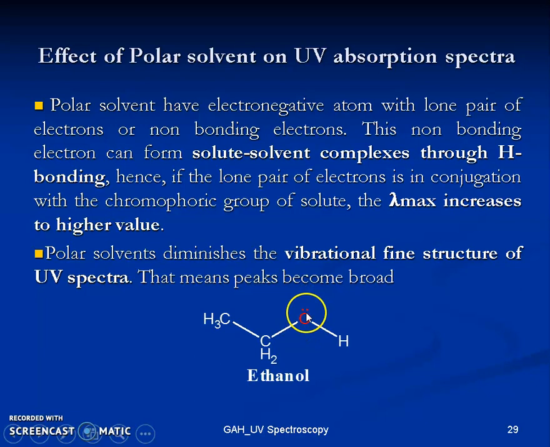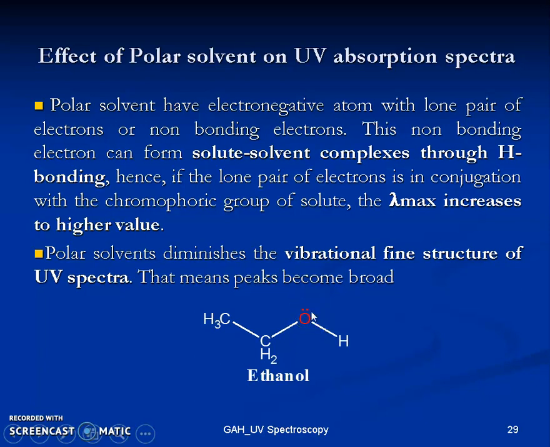Especially when ethanol is used as a solvent, this lone pair of electrons will tend to form hydrogen bonding with the solutes we are dissolving in the ethanol. So they form solute-solvent complexes.